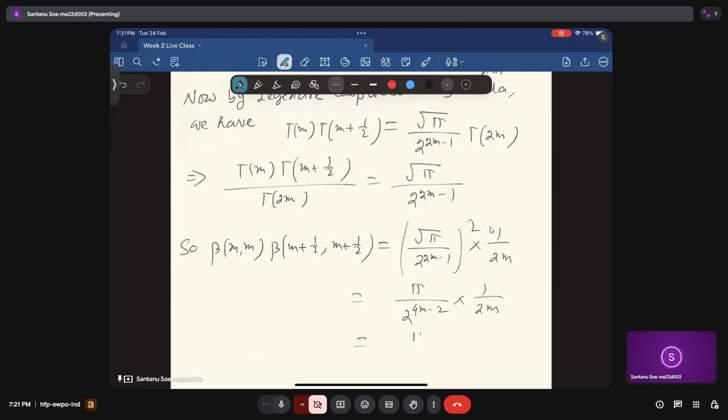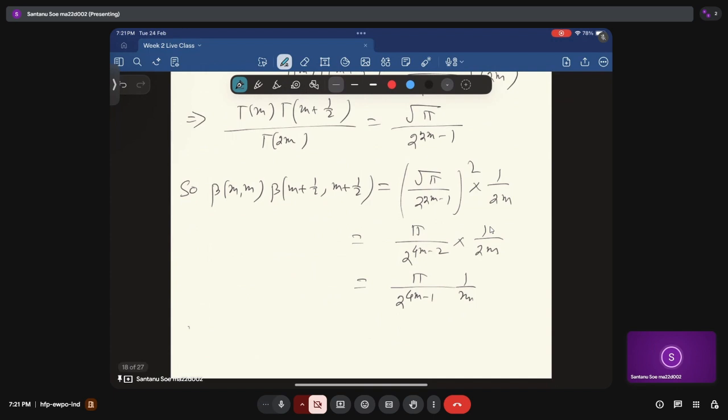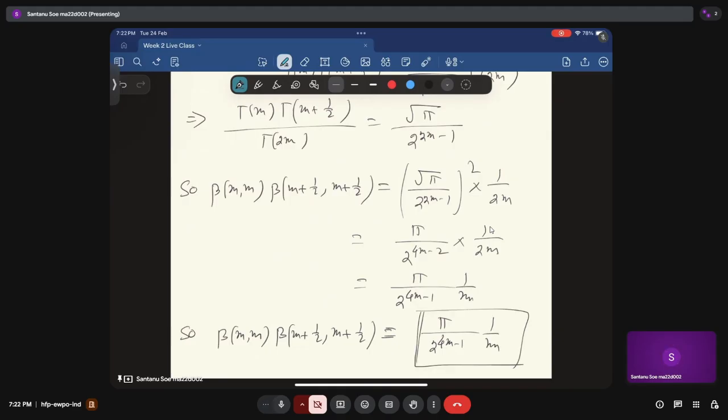So this is pi divided by 2 to the power 4m minus 1 into 1 by m. So beta of m comma m into beta of m plus 1/2 comma m plus 1/2 is pi divided by 2 to the power 4m minus 1 into 1 by m. So this should be the answer.